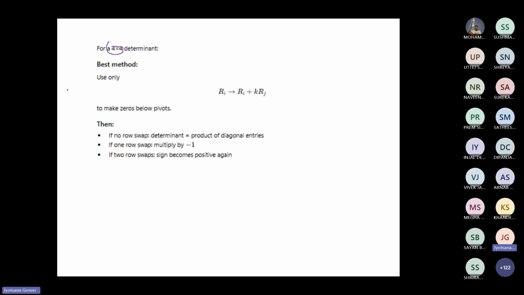Okay. If you have any n cross n matrix, not just 4 cross 4, you use elementary row operations. That means to any ith row, add a constant multiple of any other row. K can be negative, positive, whatever. If you do not do any row swaps, after performing these elementary row operations you get the REF form.